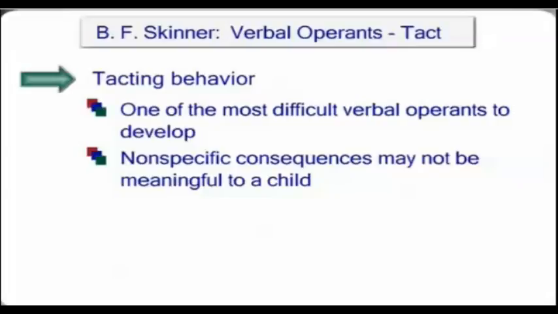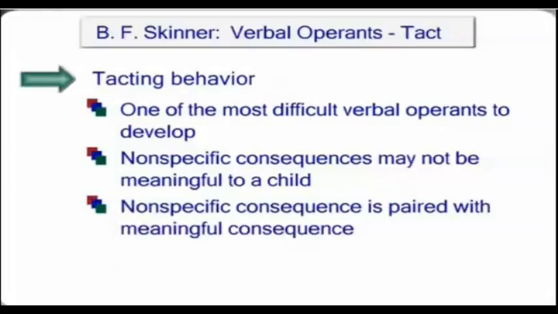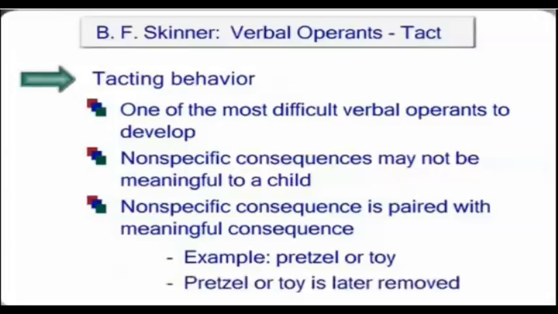In these situations, the nonspecific consequence, such as social praise, is initially paired with a consequence that is currently meaningful to the child, such as a pretzel or access to a favorite toy. Over time, as the child acquires a variety of tacts, the pretzel or other currently effective consequence is gradually removed until only the nonspecific consequence remains.